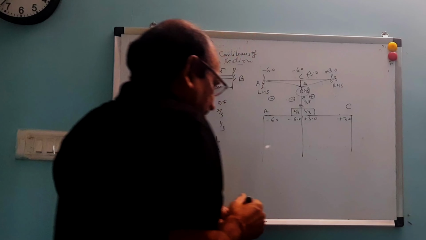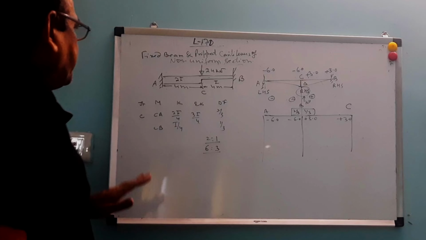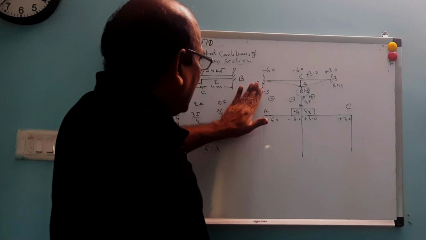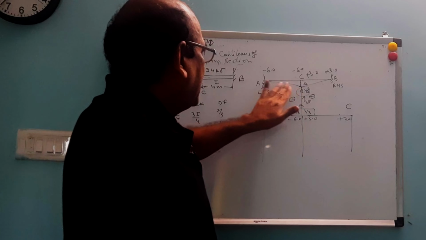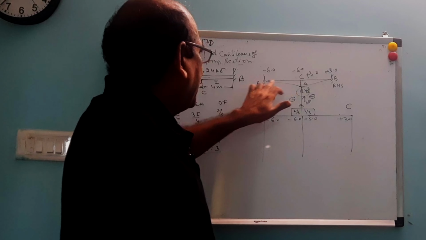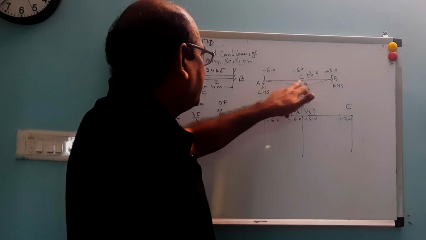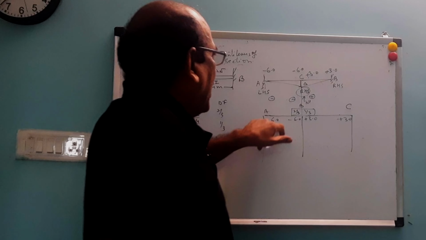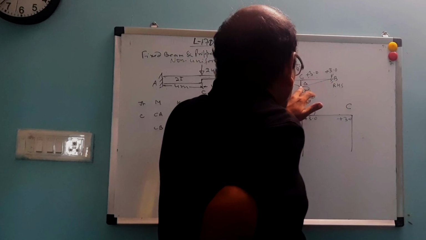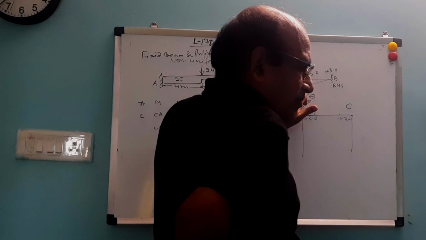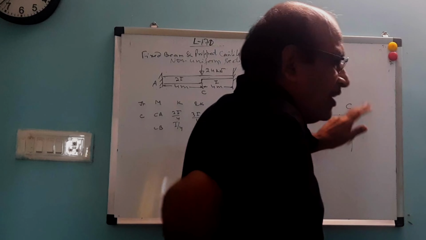The concept is this: if the left-hand side is up with droop, then the moments at A and C, that is MAC and CA, will be taken negative, and if the B is up on the right-hand side and droop is left behind, then this will be taken as positive.